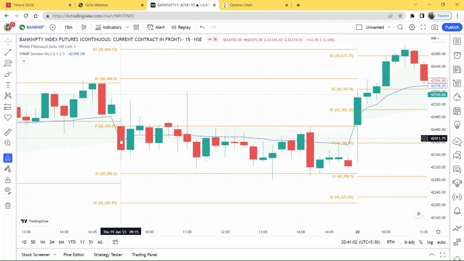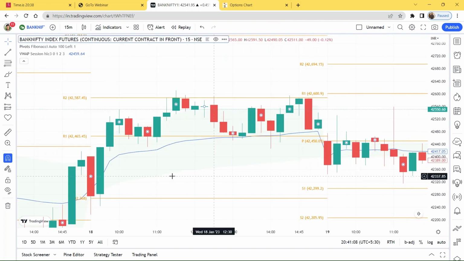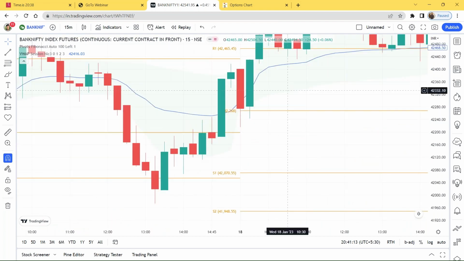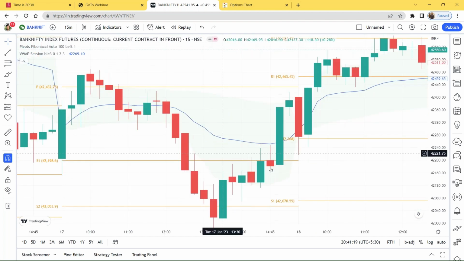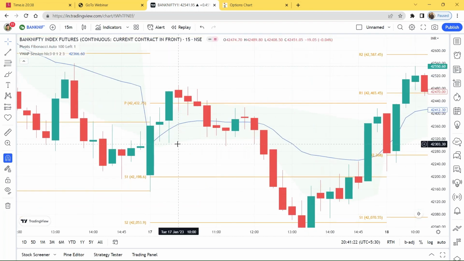Okay, so the first candle has to be ignored. 23rd January, we got no trade. You can see the whole day there is no trade. This is 18th January, again, no trade throughout the day. Now, this is 17th January, again, no trade.